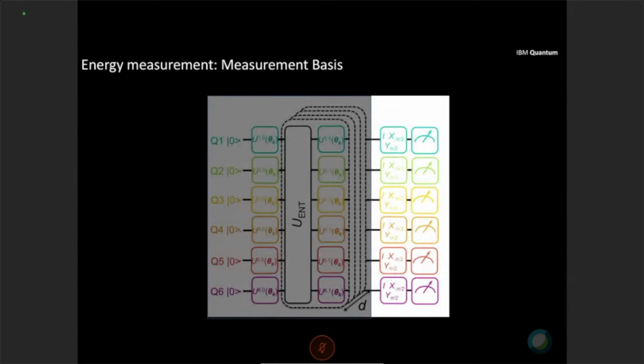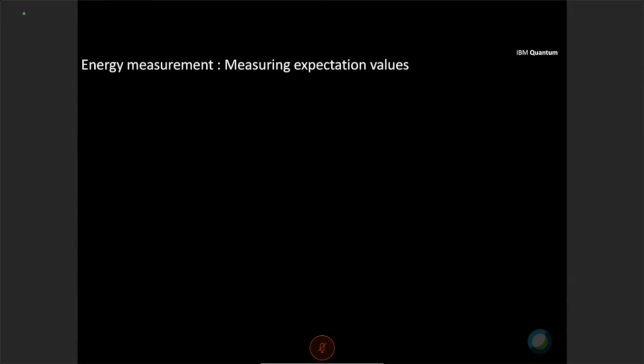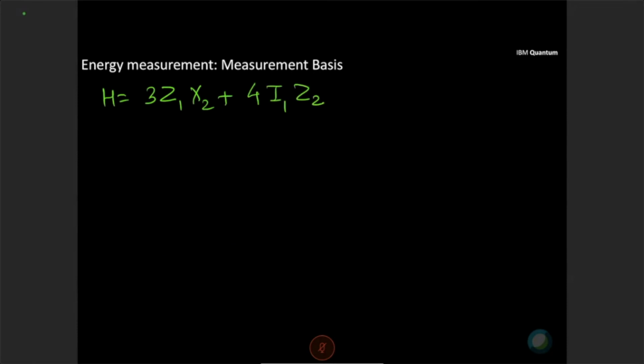Now let's talk about a slightly different example. Actually, something quite similar. So let's make that ZZ into a ZX, for instance. What changes for a ZX?